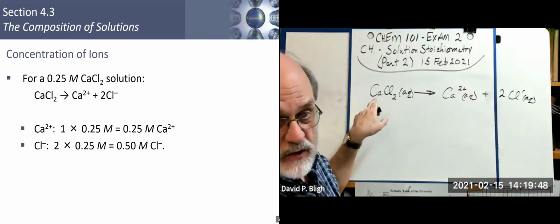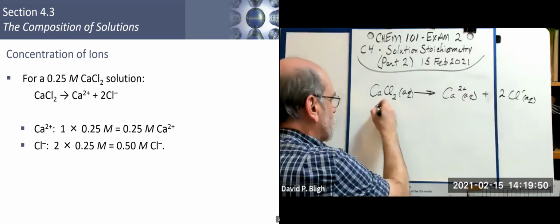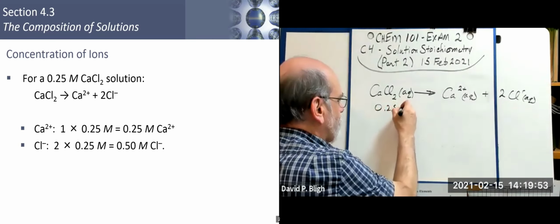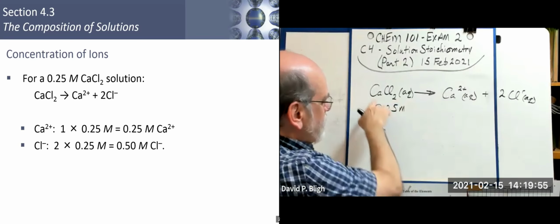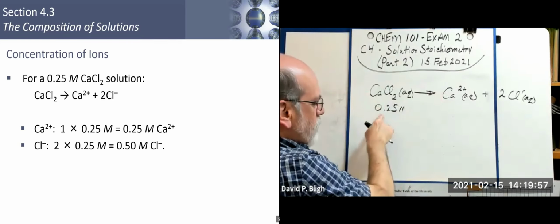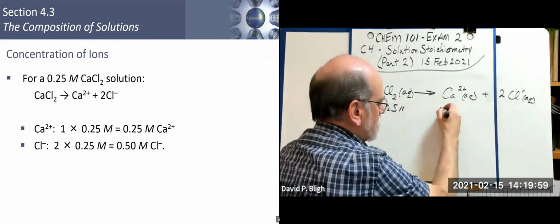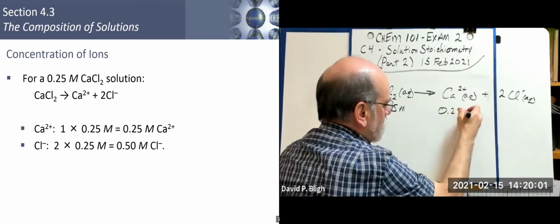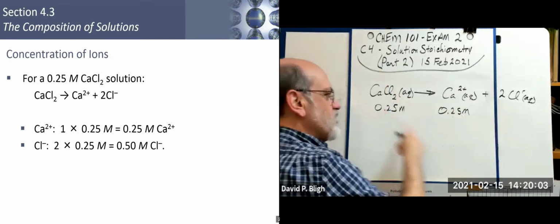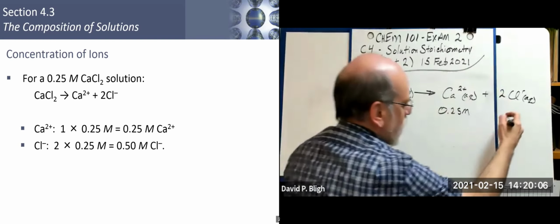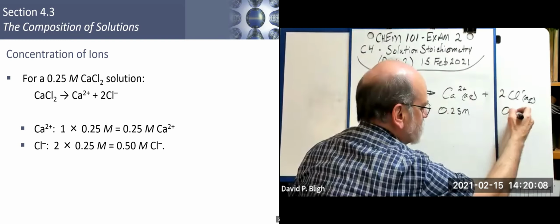So if you know the concentration of this one, then it's 1 to 1. For every one of these, you got one of those. But for every one of these, you have 2 of those. So the concentration of chloride ions is actually double.